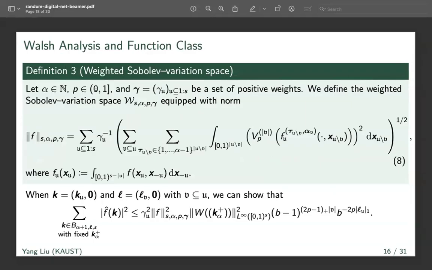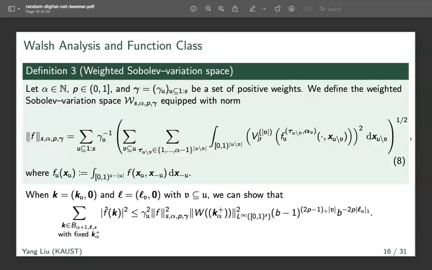And then we'll discuss the error analysis and the proper choice of the function class. So we propose this weighted Sobolev variation space. This is the function class that we want to study. It almost looks like the weighted Sobolev space, except that in the middle we have this Vitali variation.